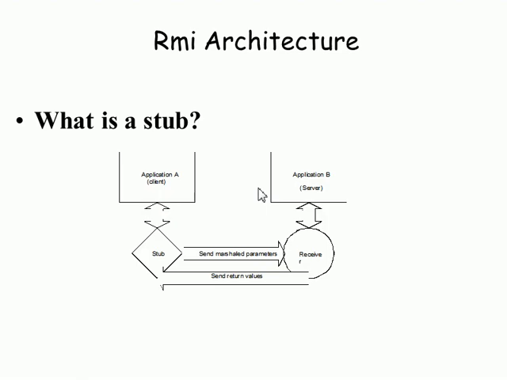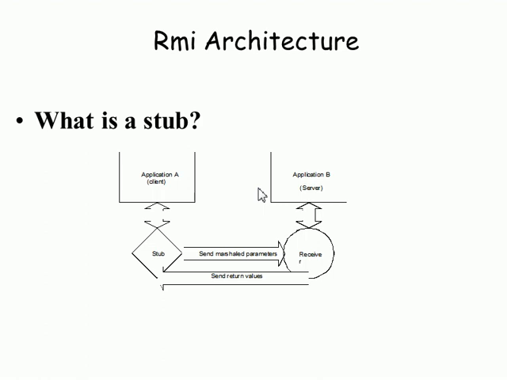Ints get converted into 4 bytes. Shorts get converted into 2 bytes. Chars get converted into 2 bytes. In other words, all of the primitive data types can be serialized without being declared as serializable. But any other reference data type you plan on marshalling as a parameter must be declared as serializable. You must implement the serializable interface.